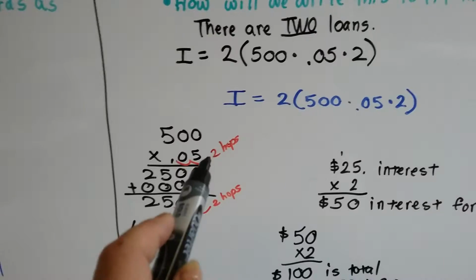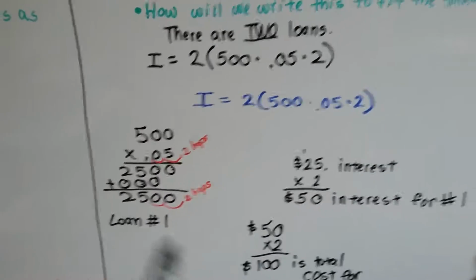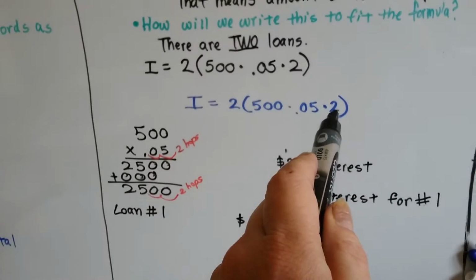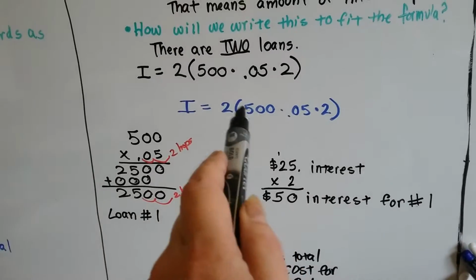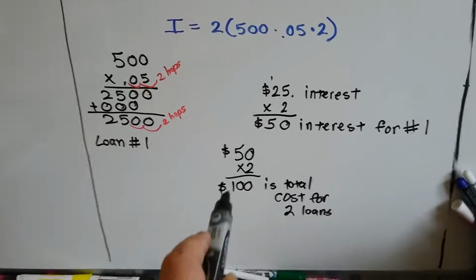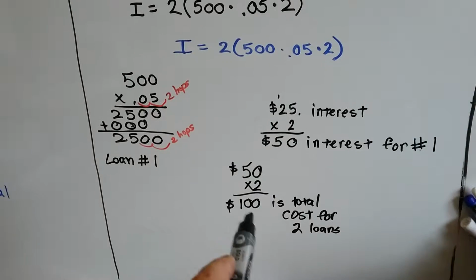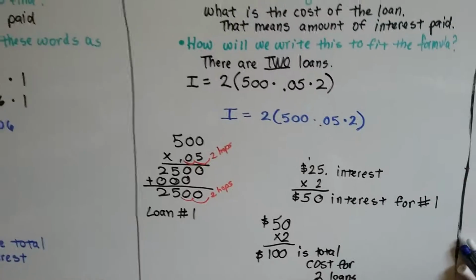We notice there are 2 hops, so there are 2 hops in the answer. That's $25. So now we need to multiply that by 2. And we do, and we get $50. But now we need to multiply it by 2 again because there are 2 loans. So $50 times 2 is $100. So the total cost for the 2 loans together is $100.